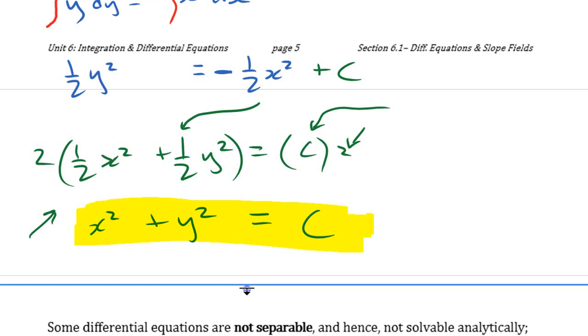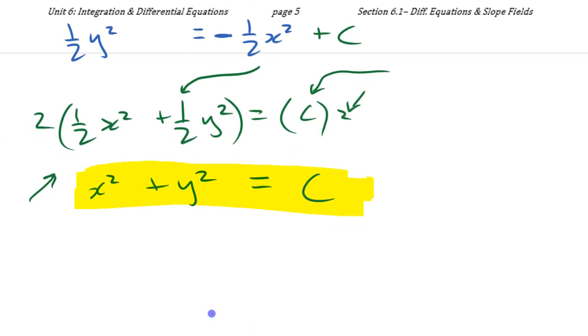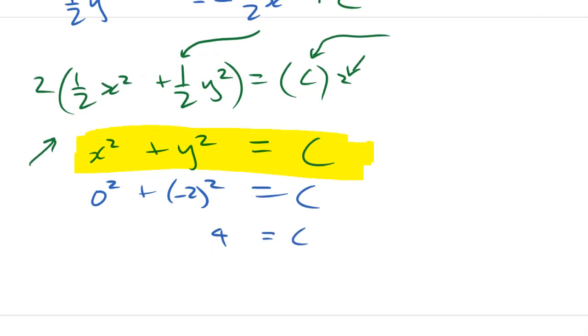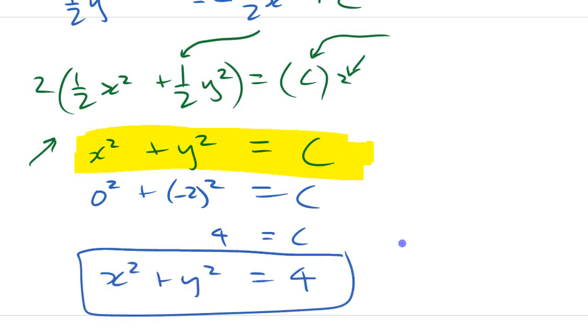Should be 4, right? Because that should be the radius squared. If you sub the numbers in, obviously it's going to work, right? 0 squared plus negative 2 squared equals our constant. Our constant is 4. So the specific solution that passes through that point is x squared plus y squared equals 4. The general solution, if we didn't have that initial condition, is just x squared plus y squared equals c.